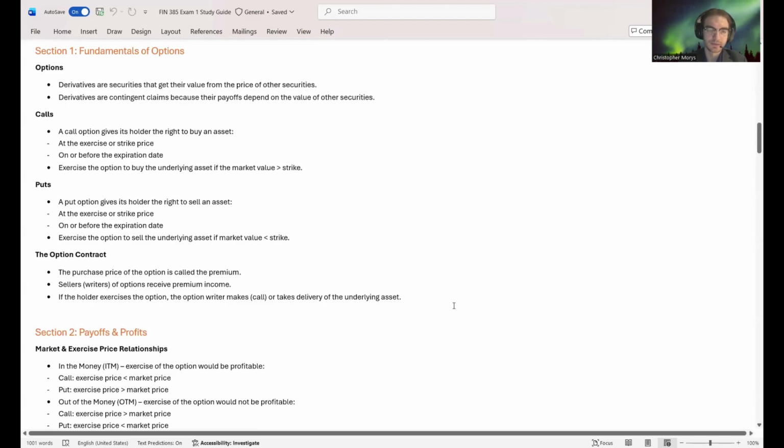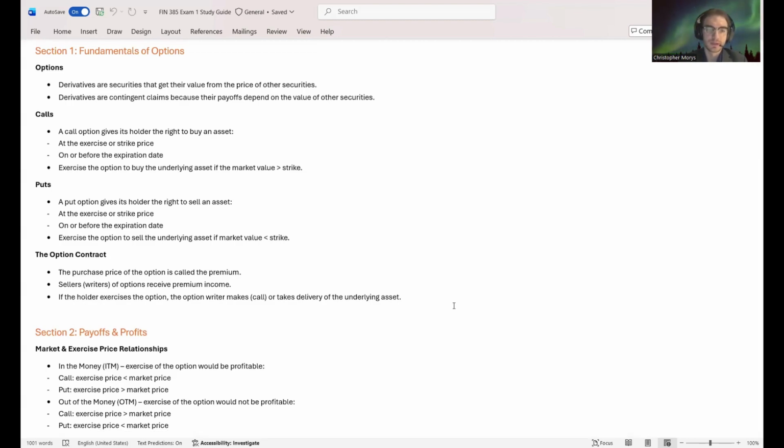And lastly, the option contract. Here's just some basics you need to know. The purchase price of the option is called the premium. Sellers, or writers, the terms are interchangeable, of the options receive premium income.